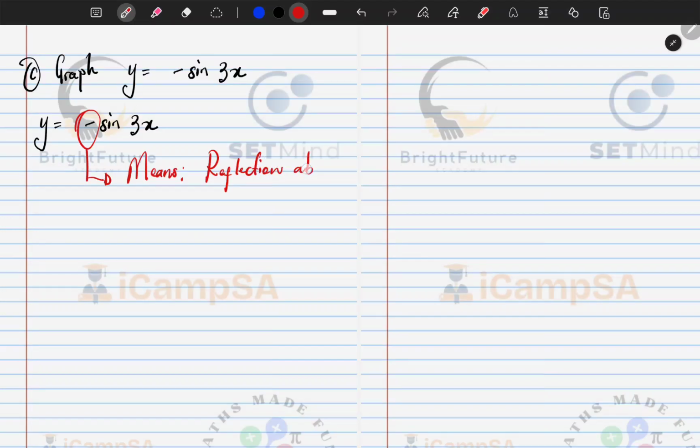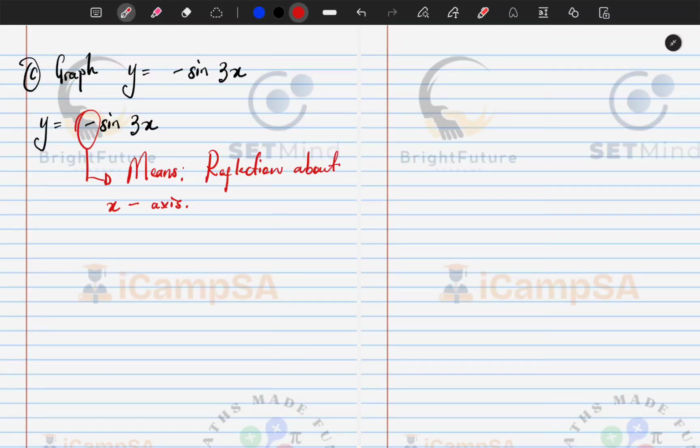It will be a reflection about the x-axis. It means that if the graph starts by going into the positive y-axis, and there's a negative, then it will be a reflection about the x-axis.